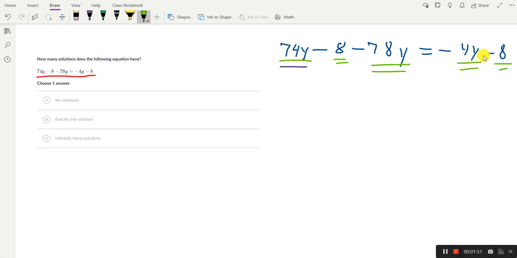Let's start by adding 4y on both sides of the equation to eliminate that from the right side of the equation. We can just do it wherever, it doesn't matter. I'm just going to do it here. So we're adding that. So what happens here is that this is going to be 0.